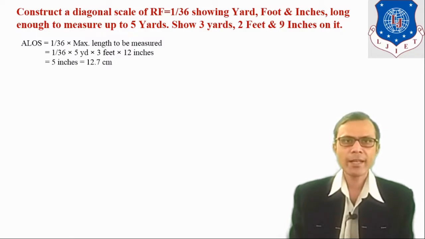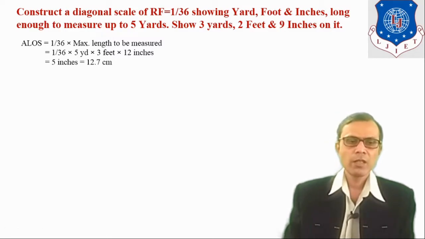As RF is directly given, now we need to find the actual length of the scale. By formula, actual length of scale is equal to 1 by 36 into maximum length to be measured. So it is equal to 1 by 36 into the maximum length, which is 5 yards, so multiply by 5 yards. Now we have to convert it into centimeter or millimeter. 1 yard equal to 3 feet, so multiply by 3 feet.